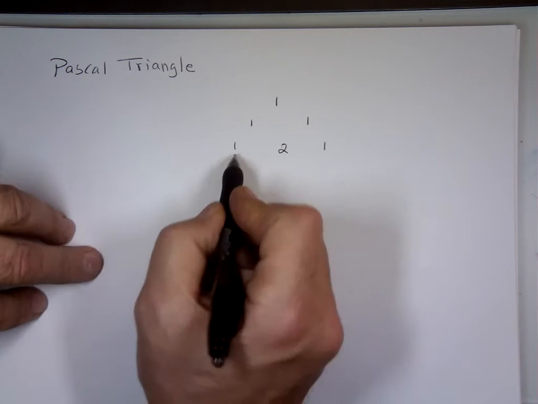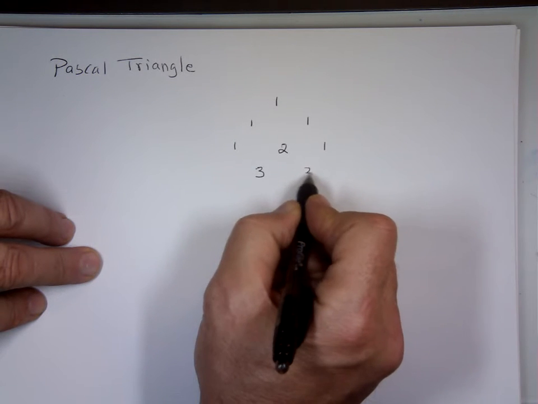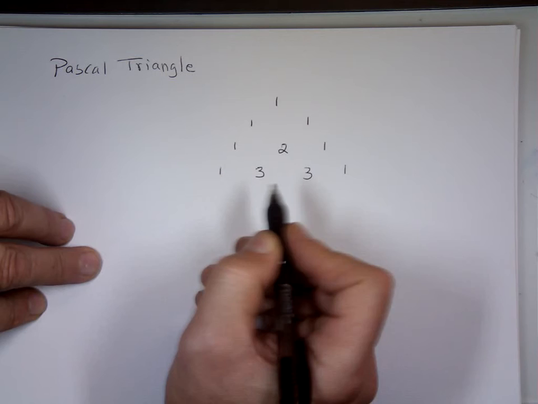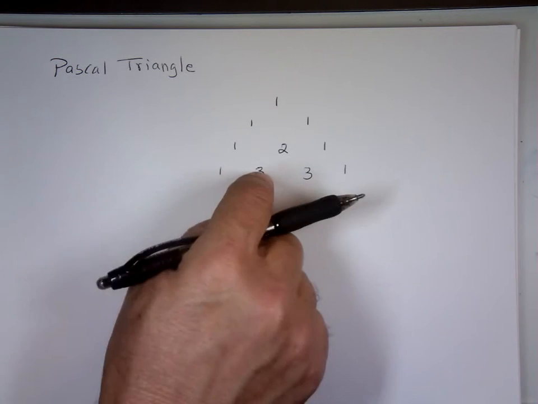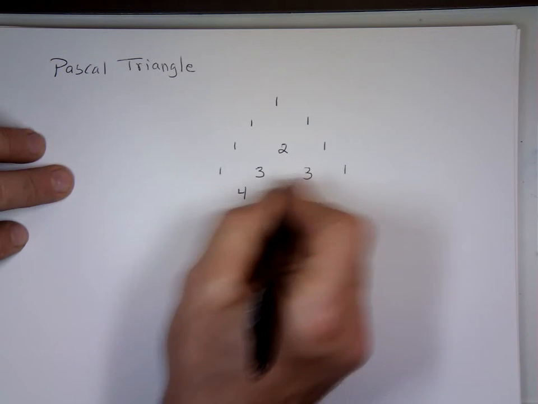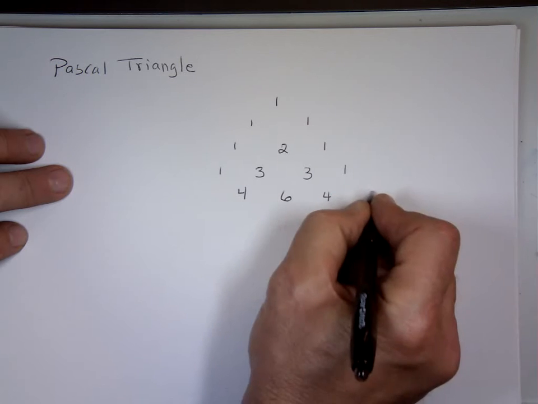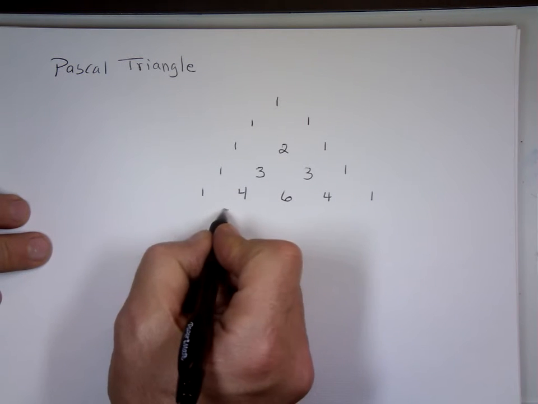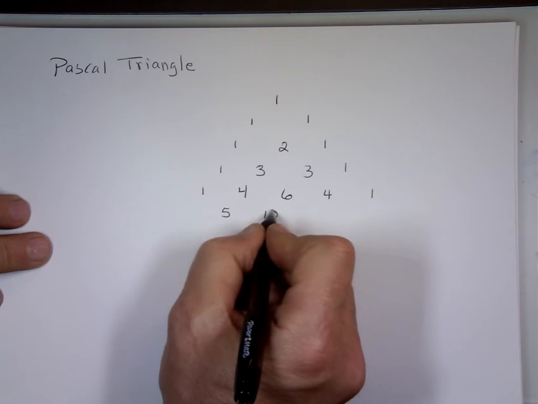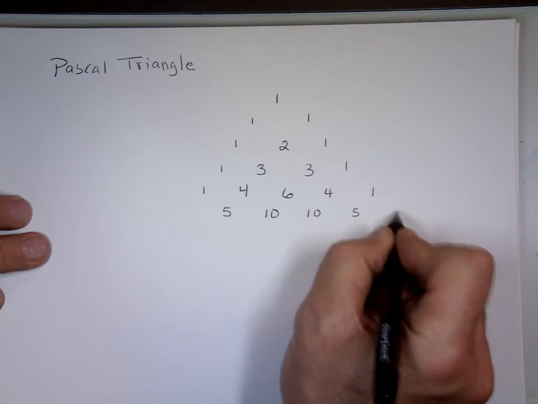What's 1 and 2? 3. What's 2 and 1? 3. 1's on the outside. What's 1 and 3? 4. 3 and 3, 6. 3 and 1, 4. 1's on the outside. 1 and 4. 4 and 6. 6 and 4. 4 and 1. 1's on the outside.